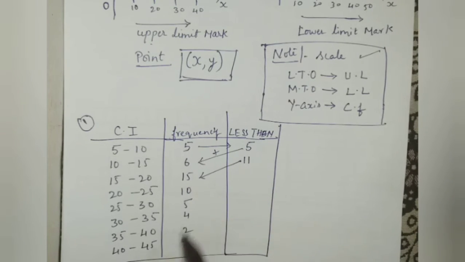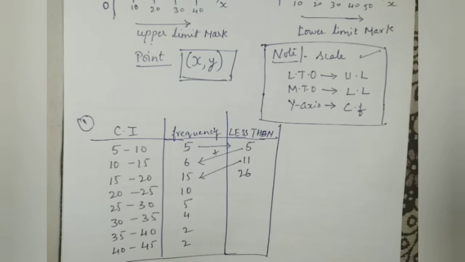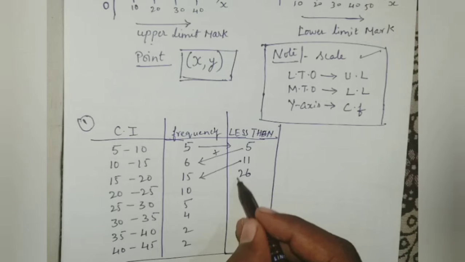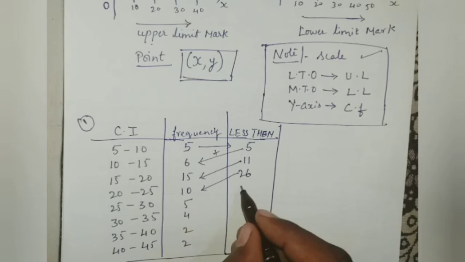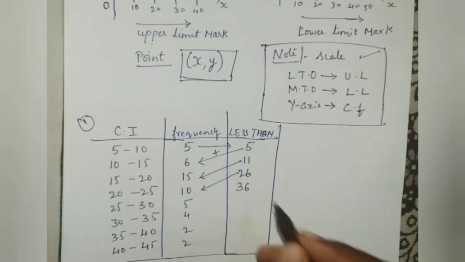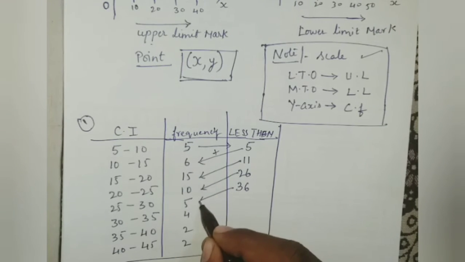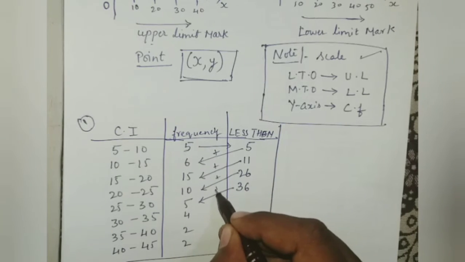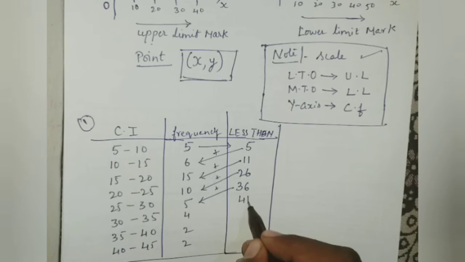So 11 plus 15 is nothing but 26. Whatever answer I got, I need to add the next number. So 26 plus 10 is 36. Again, whatever I got, I add the next number. Can you see? 36 plus 5 is 41.